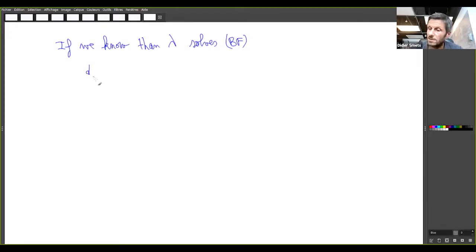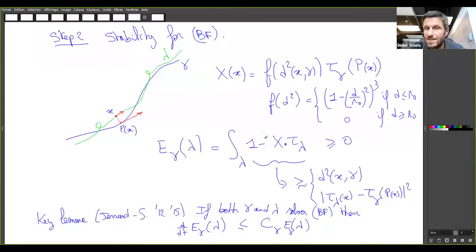So d/dt of E gamma of lambda was, up to this constant here, exactly the form of the weak formulation for binormal flow. See, it's the circulation of a vector field along the curve.